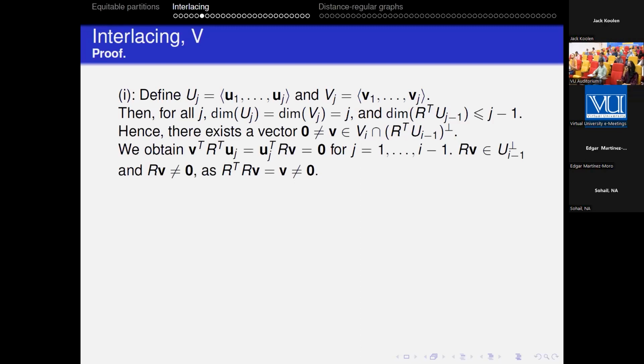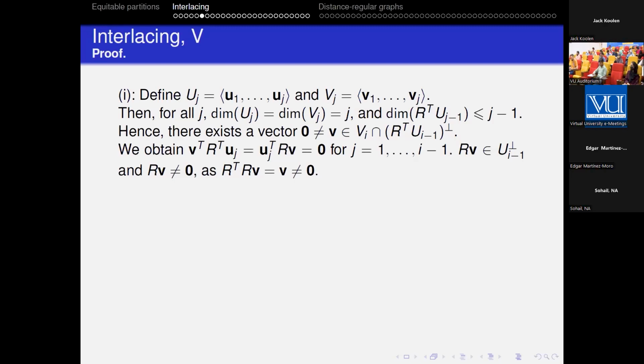So this v satisfies the following: v transpose R transpose U_j is clearly 0, and we can rewrite it as U_j transpose R v for all j from 1 to i minus 1.